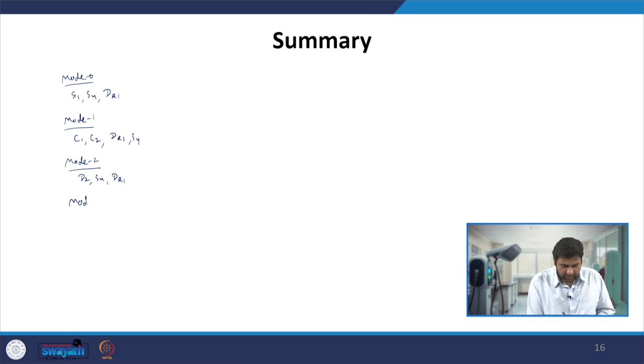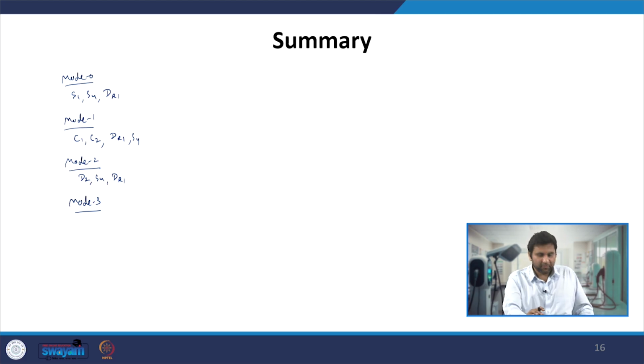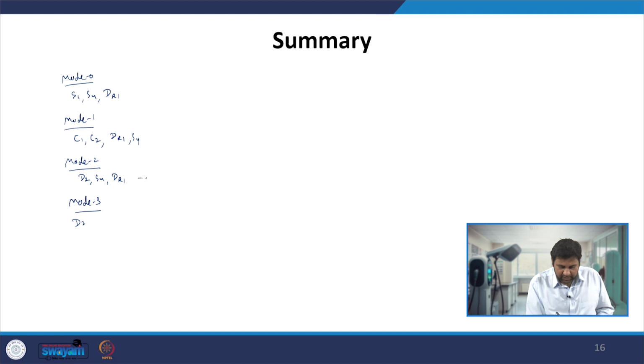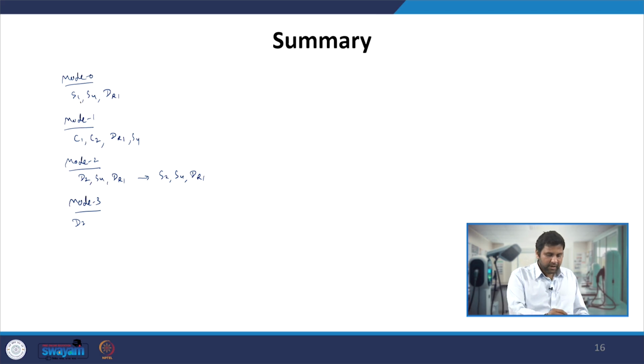In mode 3, what happens is that my S4 switch is now turned off. Because of that I have D2, and in mode 2 only we will now move from D2. Since D2 is there, we can now give a pulse to the S2 switch. So we saw that in the leading leg, we moved from the S1 to the S2 switch. In mode 3, we now remove the pulse from the S4 switch, because we have to turn on the S3 switch.